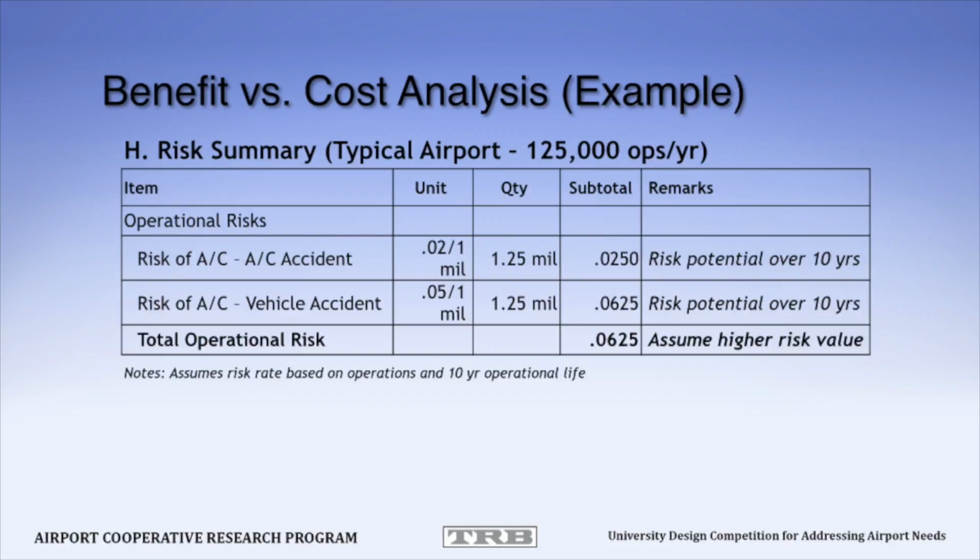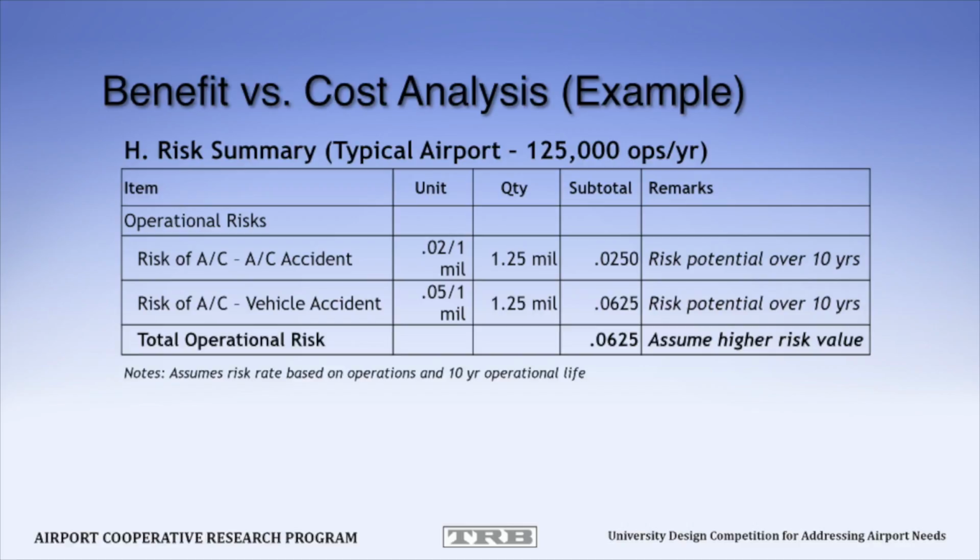Now looking at the risks that are out there. So we're using, again, if you remember, the 0.02 accidents per million operations. A typical airport, busy airport, may run about 125,000 operations per year.